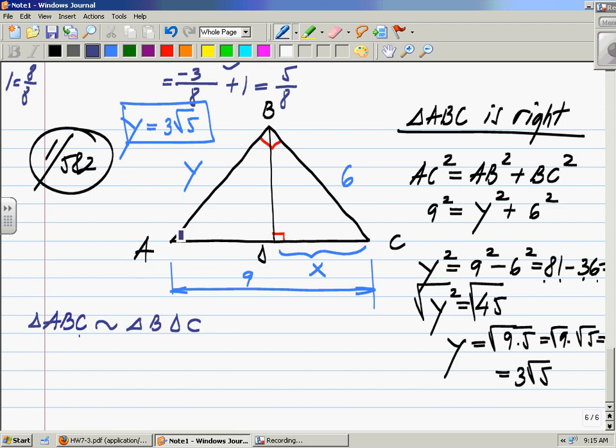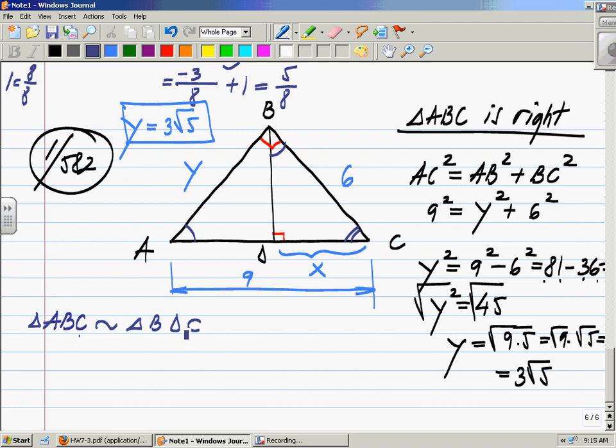Triangle ABC, the big triangle, will be similar to the triangle ABD... BDC, because we know this angle here, DBC, is definitely congruent to A, because angle C is a common angle in the two triangles, and then you have the 90-degree angles, right? This is your similarity statement.